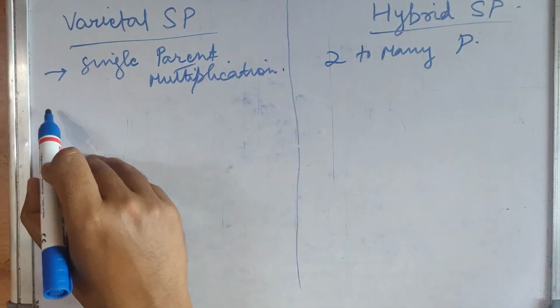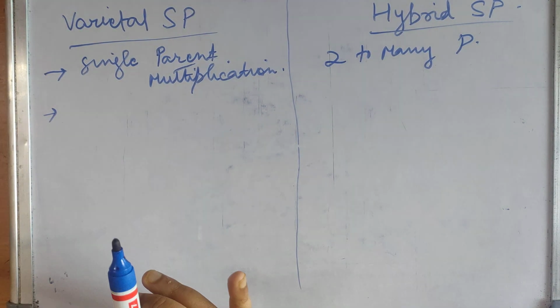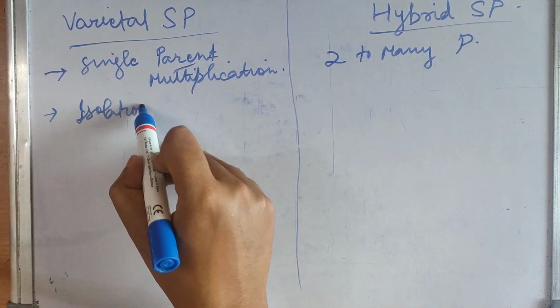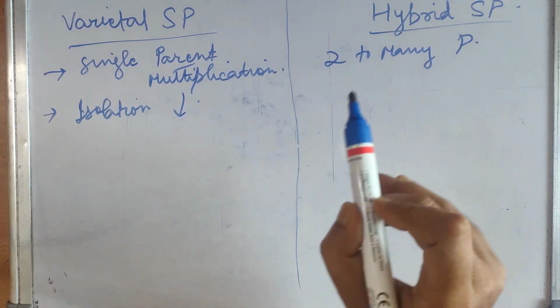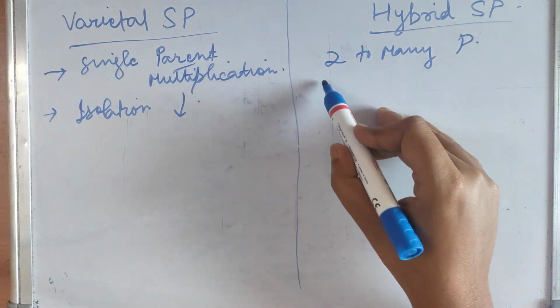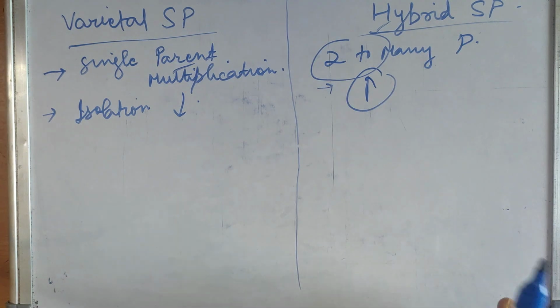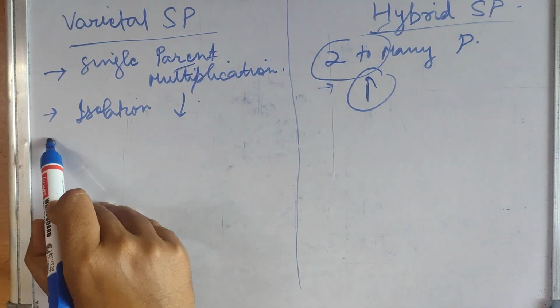Secondly, in varietal seed production the isolation distance is less. In hybrid, the isolation distance requirement is more, because for hybrid you need 2 parents. We need to do cross pollination.